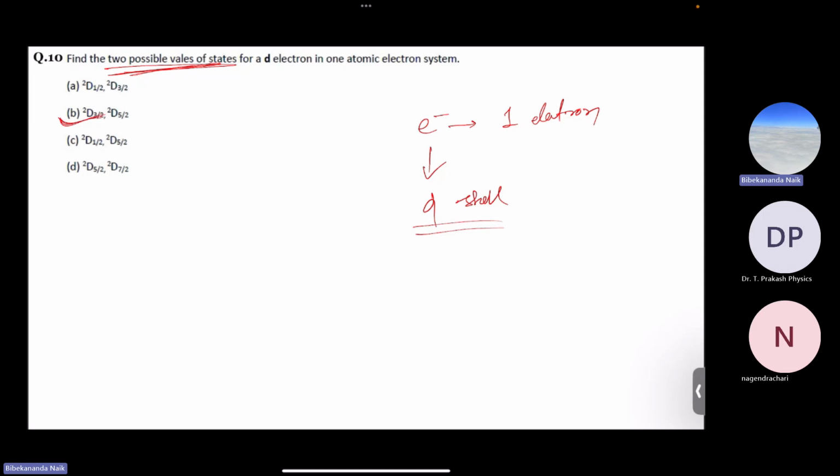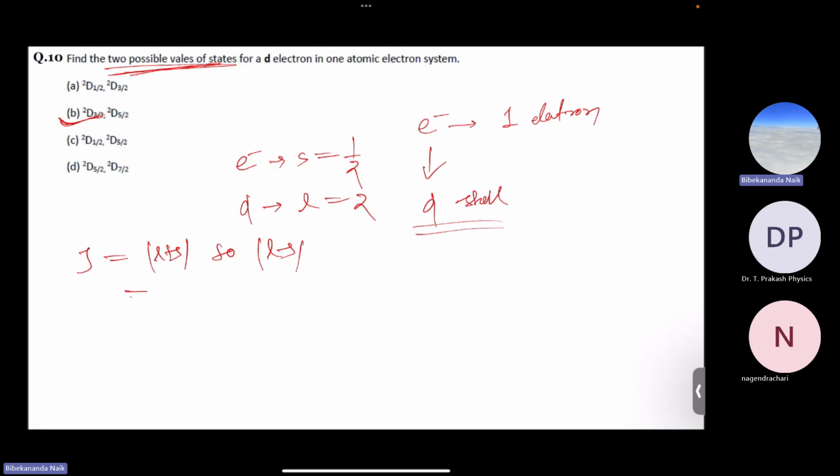Here the question says it is a one electron, one atomic electron system. So for one electron, can anyone tell me what is the value of S? It is half. Then since it is d, what is the value of L? 2, sir. So if S is equal to half and L equals 2, then the J value is |L plus S| to |L minus S| with a difference of 1.